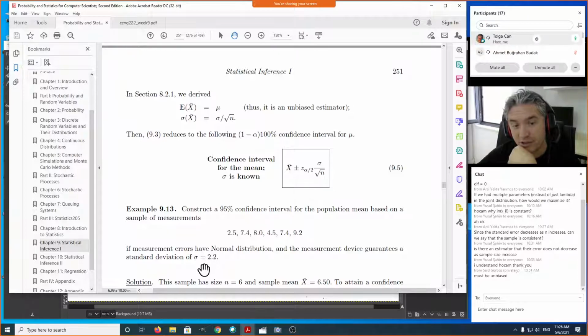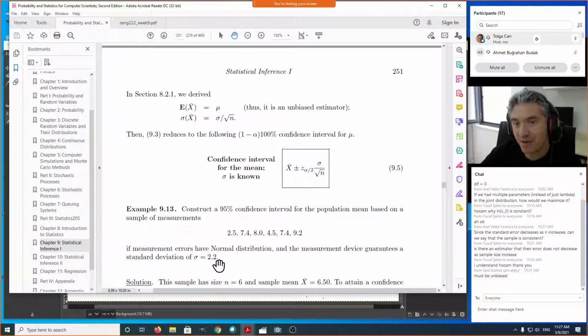Sometimes this comes from, for example, measuring certain things. For example, you may have a laser distance calculator, and you're calculating distance to some point with your laser distance calculator. Sometimes the manufacturer tells you that the actual distance is computed with this error.